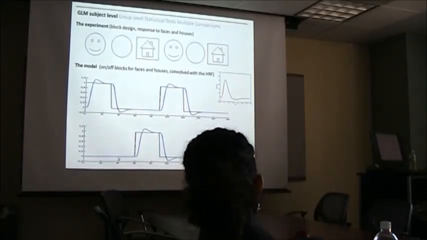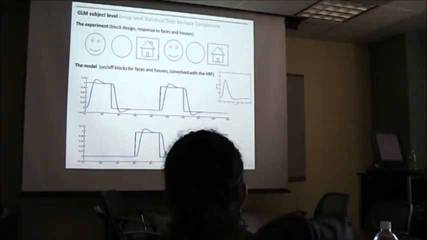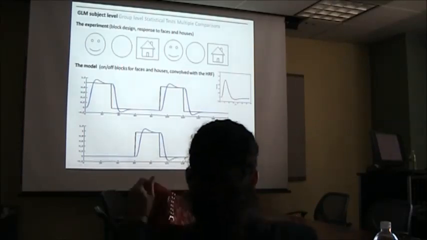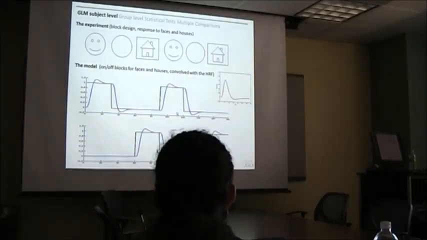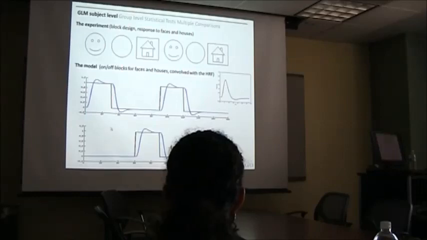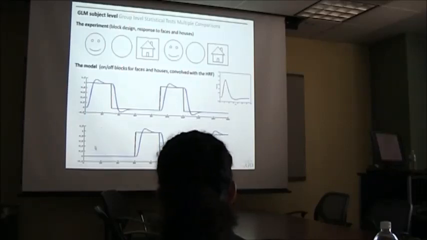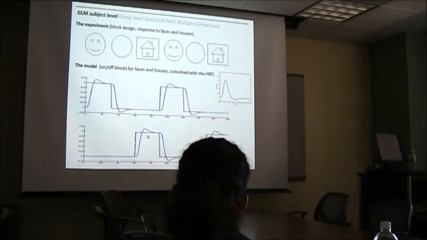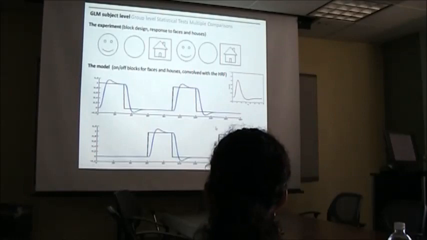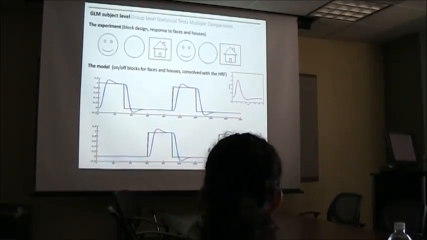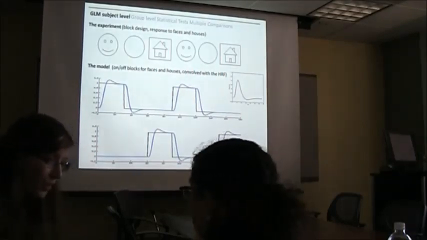And same thing for when houses are presented. You could have one part of the model that models the onsets of the faces, and a second part of the model that models the onset of the houses. So you have ones here for when a house is presented, and zeros everywhere else.